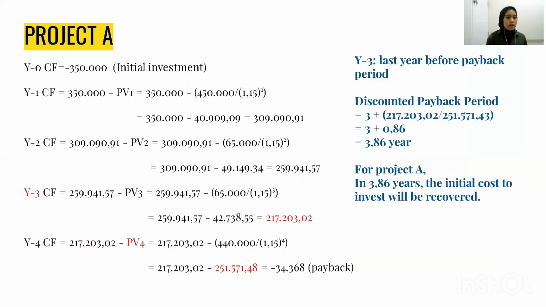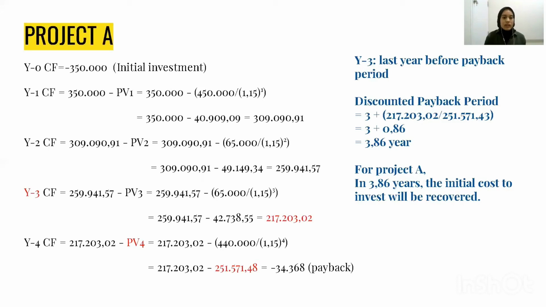Now, we'll look at project A. In project A, we have 350,000 for the initial investment. In year 1, we have 350,000 minus the present value in year 1, which is 350,000 minus 450,000 divided by 1.15 to the power 1.